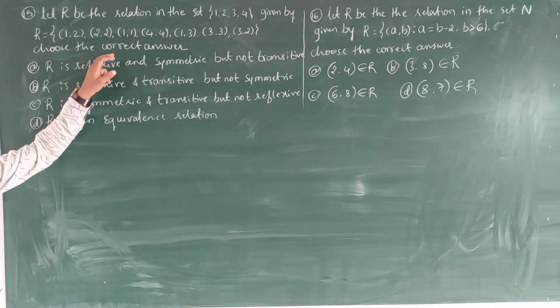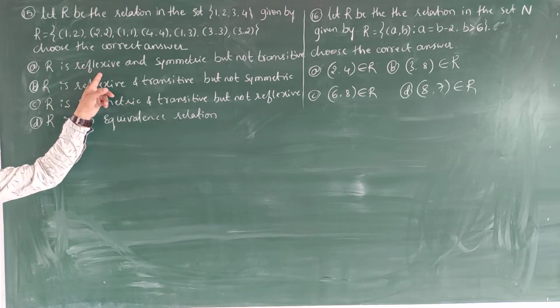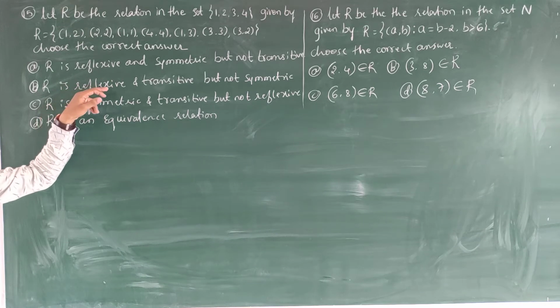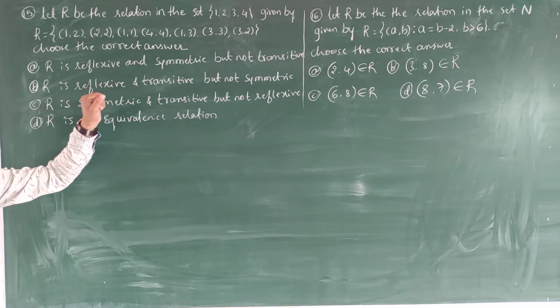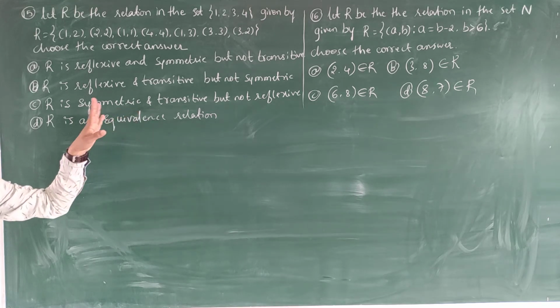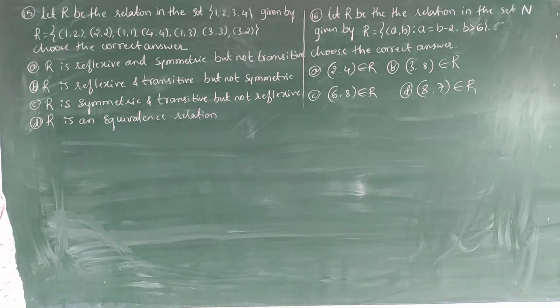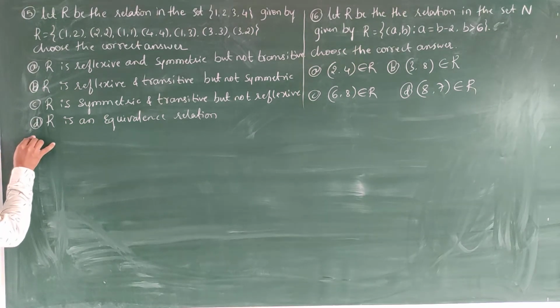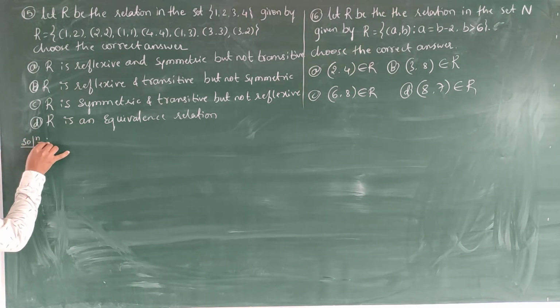Choose the correct answer. Answers are: R is reflexive and symmetric but not transitive. R is reflexive and transitive but not symmetric. R is symmetric and transitive but not reflexive. Last is R is an equivalence relation. So let us solve this one and choose the correct answer.